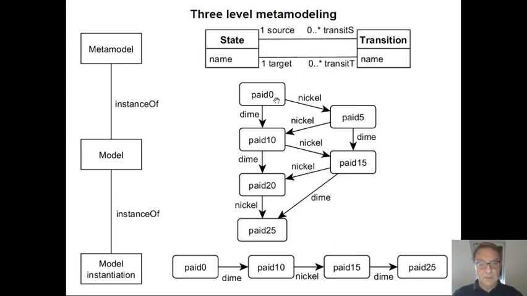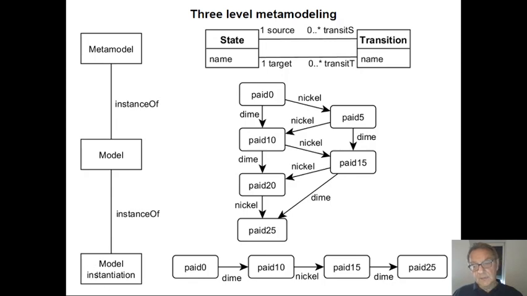And the options that are available here in this state machine are all options to pay 25 cents for coffee or for a drink or whatsoever. So this is a general model.